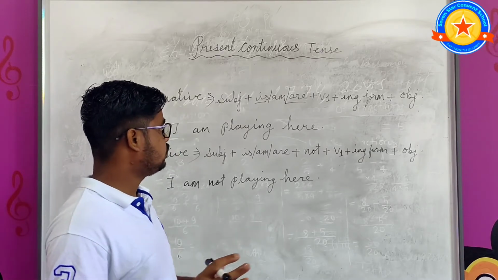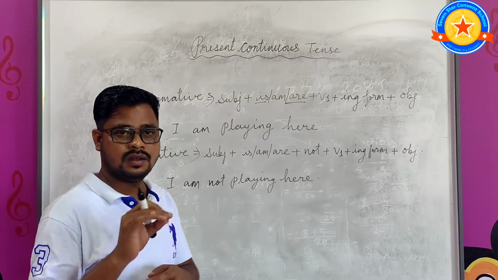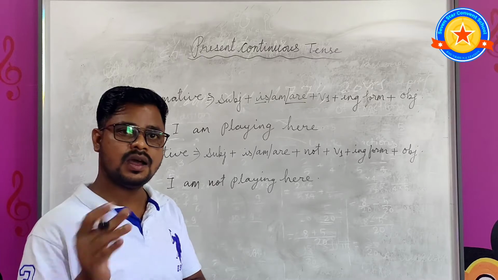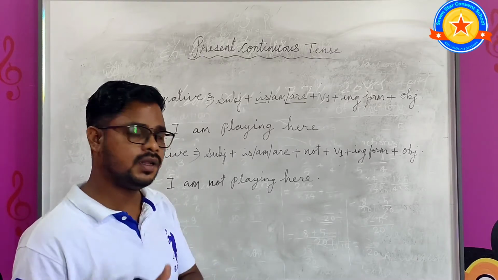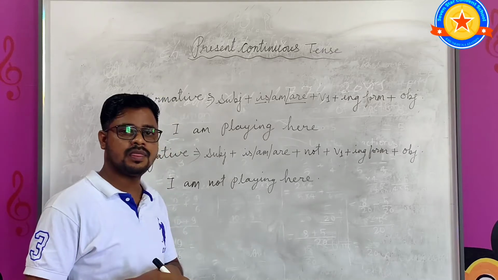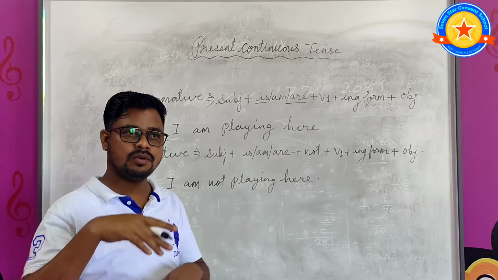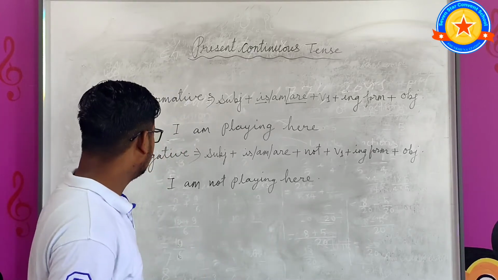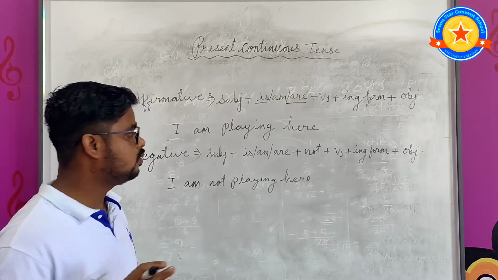So in all the sentences in present continuous tense, the main verb is always written in ing form. Just remember that the main verb is written in ing form, that means in progressive form. So, playing.